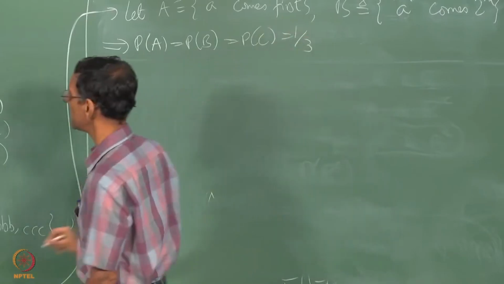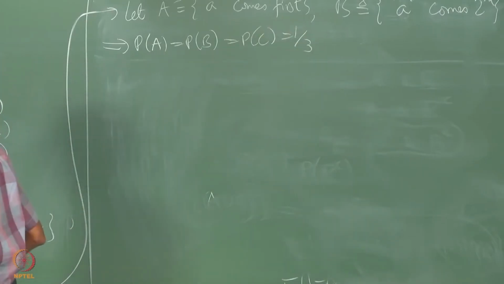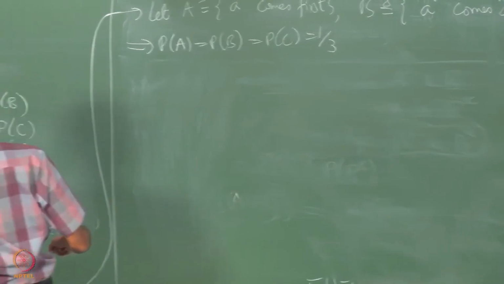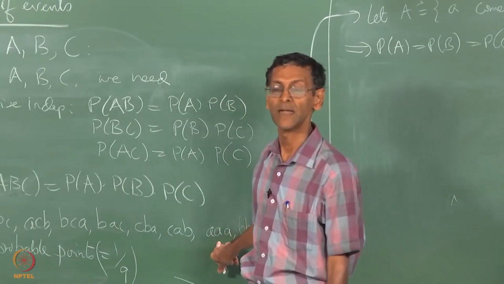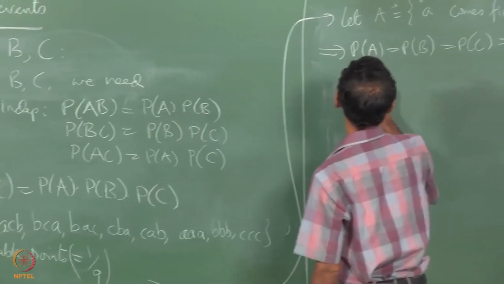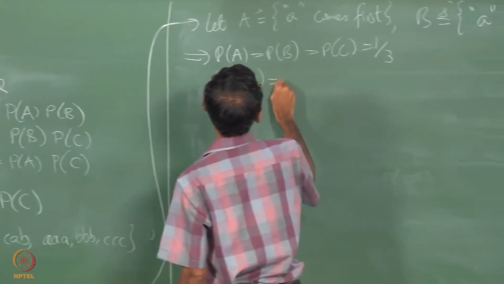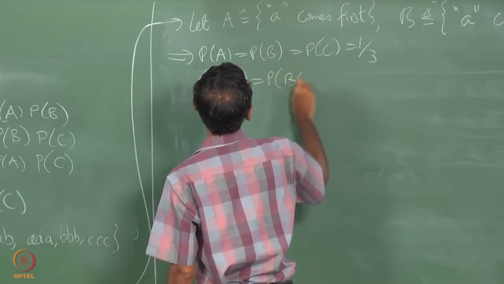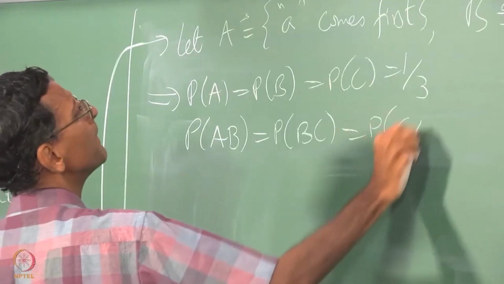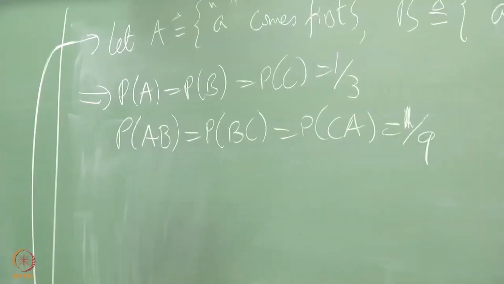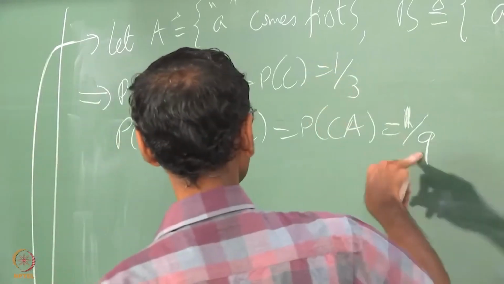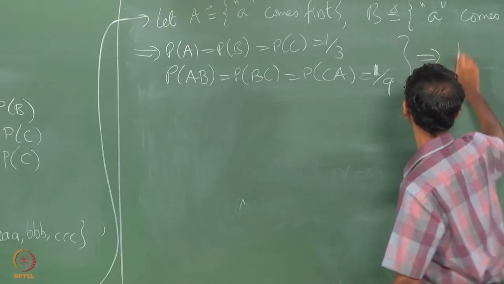So what is P of AB now? AB will be A coming first and A coming second, so it's only happening here. So you can clearly see pairwise independence in action. 1 by 3 into 1 by 3 is 1 by 9. So pairwise independence.